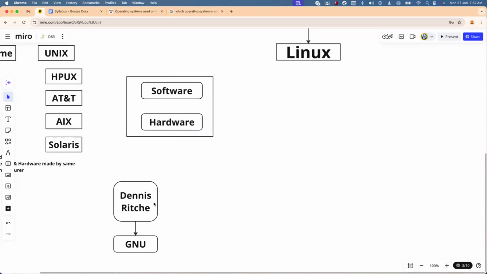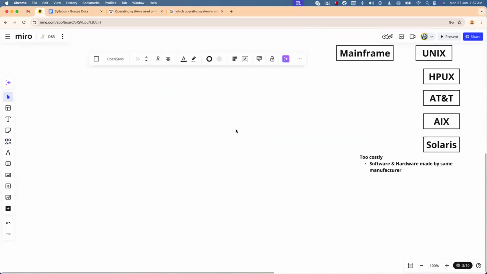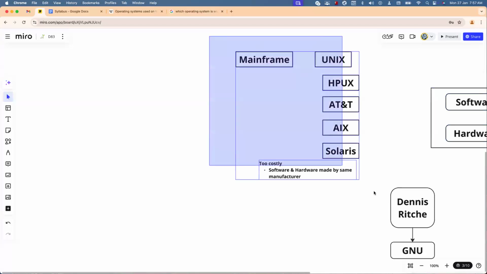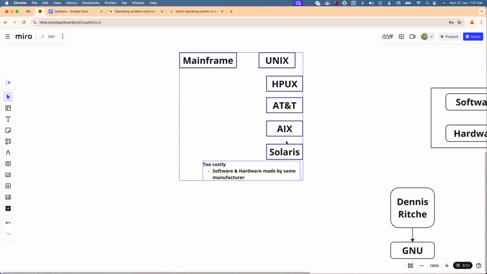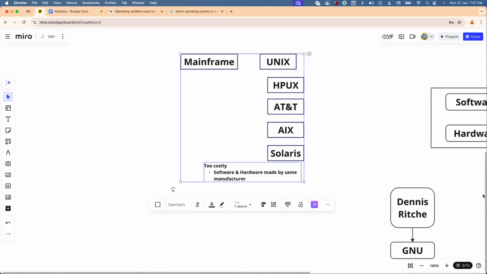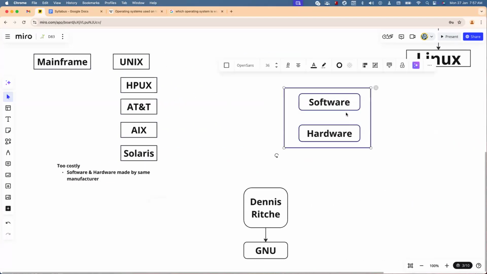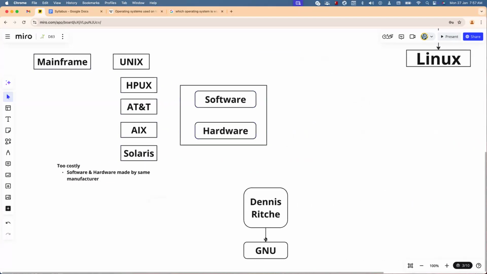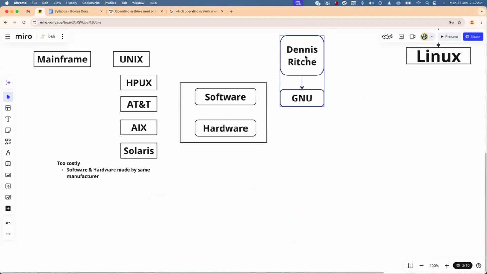Now what GNU is actually trying to target is the layer between the software and the hardware. That means breaking the binding in this particular layer.